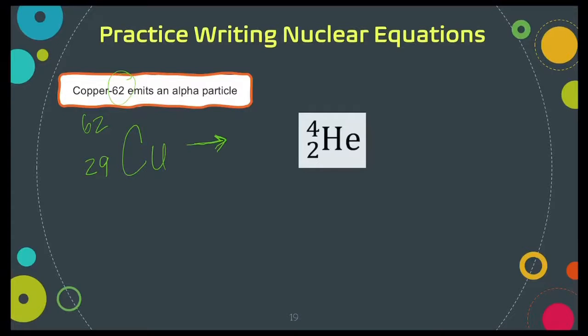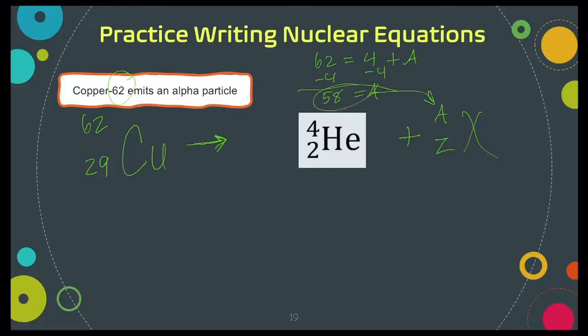So now we're going to figure out the identity of our element by solving for the missing numbers. So we're solving for, remember, A, the mass number, and Z, the atomic number, to figure out the identity of our element X. So let's solve for A. 62 equals 4 plus A. Subtract 4 from both sides.